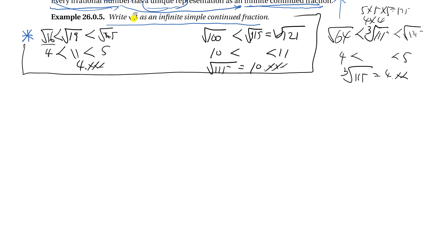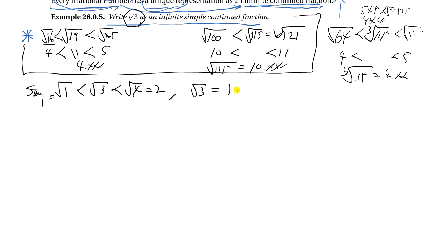So when you try to change this one into an infinite simple continued fraction form, we have to figure out what the integer part of it is, right? So you might remember square root of 3 is 1.7 something, but if you want to make sure, you can simply show that square root of 3 is surrounded by square root of 1 and square root of 4, which is 1 and 2, right? So we know square root of 3 is 1 point something, right?